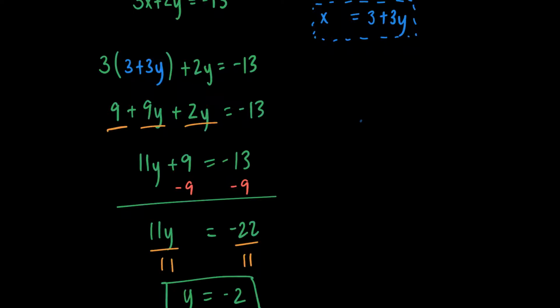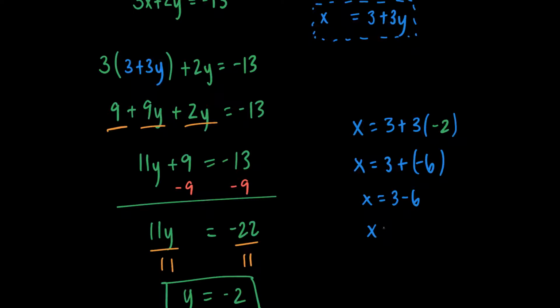So x is supposedly equal to 3 plus 3 times y, but now I know that y is negative 2. So x is 3 plus negative 6, which is really just 3 minus 6, which is really negative 3. So x is negative 3, y is negative 2.